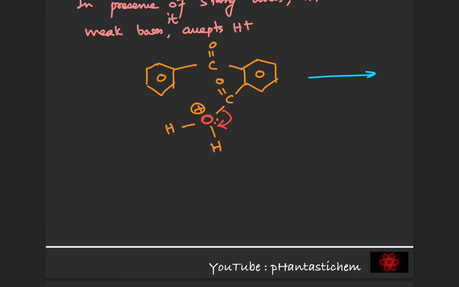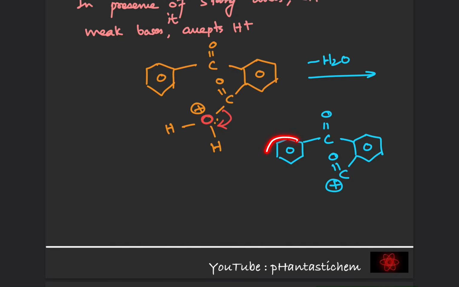Okay, resulting into, so there will be loss of a water molecule, so it will result into benzene ring, C double bond O, C double bond O plus charge. Okay, and obviously this benzene ring has an H here. So I will show it in this way.